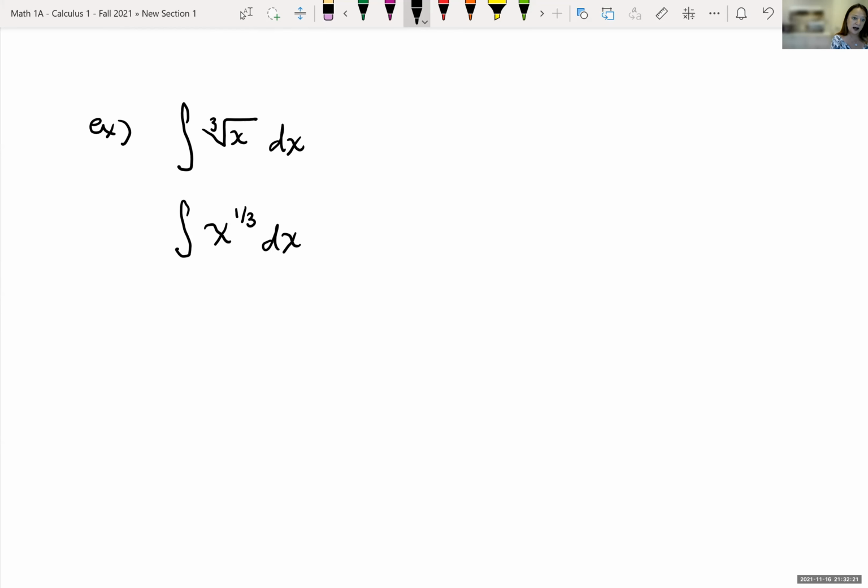Okay, so our exponent is not -1, and so we're going to use that rule where when we take the antiderivative of that integrand, we're going to add 1 to our exponent. So it's going to be 1/3 plus 1, 3/3. Divide by our new exponent. So this is going to be the 1/3 plus 1, which is 3/3, plus some constant c. So cleaning it up, I have x to the 1/3 plus 3/3 is 4/3.